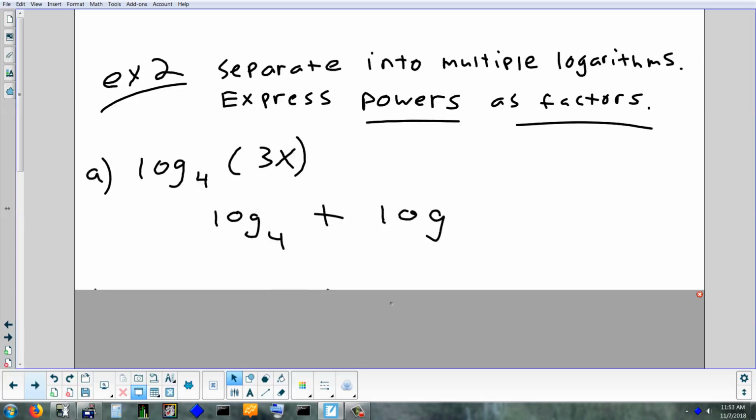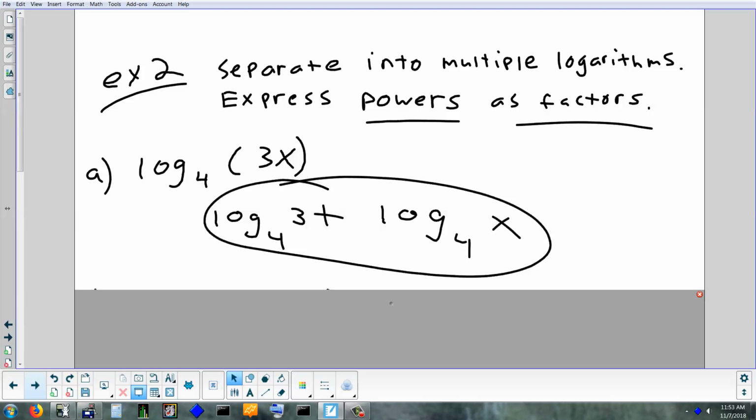Base doesn't change. What's going to be the argument to my first log? Yeah, 3. It's my first factor. And what's going to be the argument to my second log? X. That's it. It's a relatively easy one, but if you get that, it doesn't really get too much out of it.